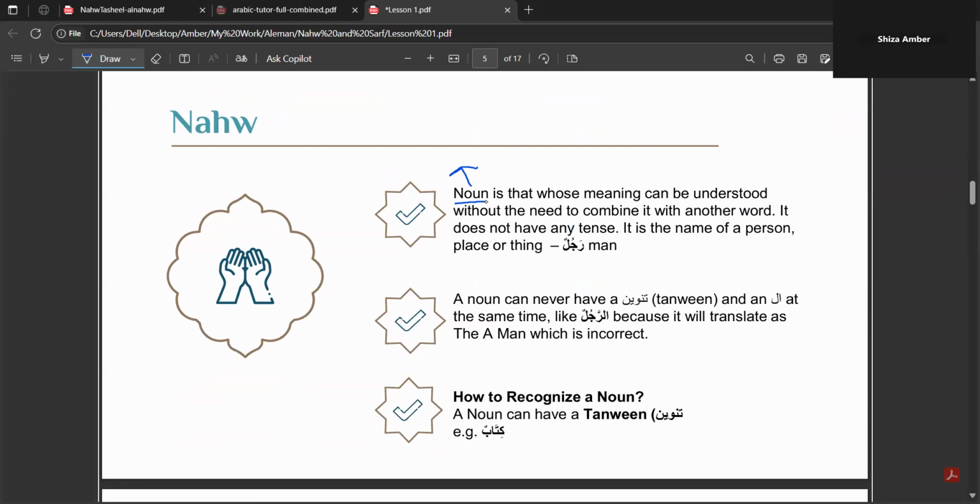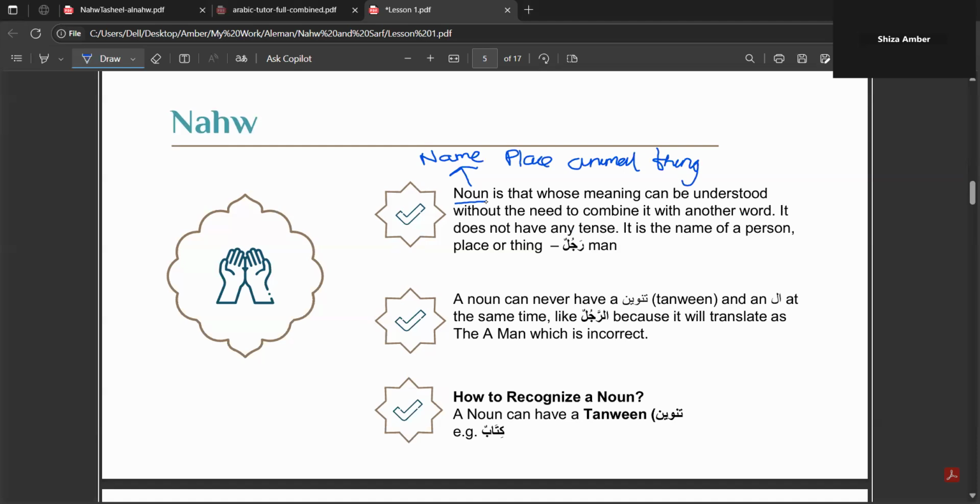It is a name, place, animal, or thing. Perfect. Mashallah. Name, place, idea, or thing. It's a name, a place, animal, or thing. Do you play this game? Okay. So you're already aware of what a noun is.